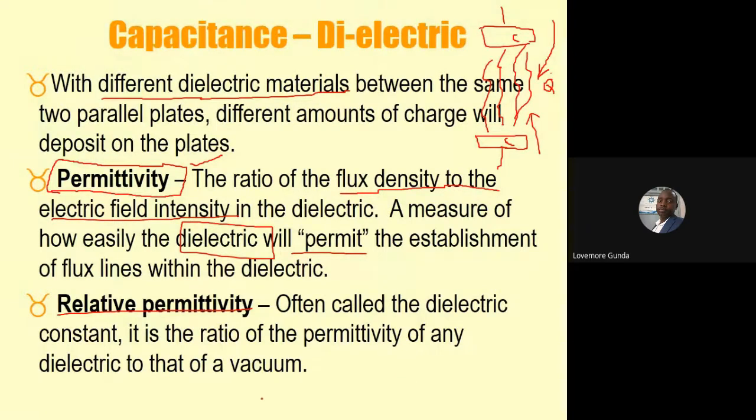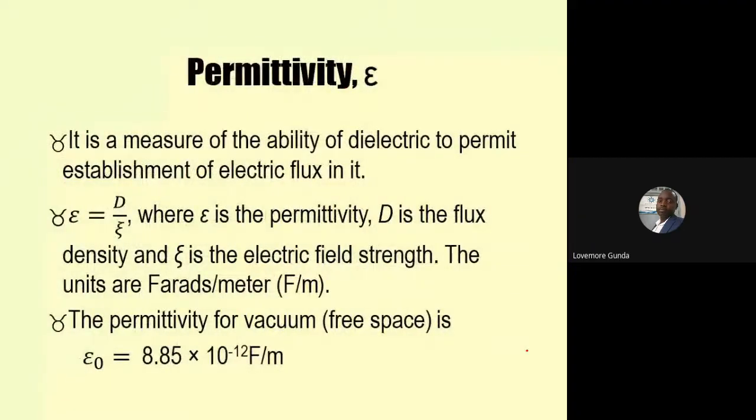So when we talk about relative permittivity, we are saying we have the permittivity of a material, then we also have the permittivity of air or a vacuum, which will be taken as the reference. So realize that relative permittivity now becomes the ratio of the absolute permittivity of the material to the permittivity of a vacuum, right?